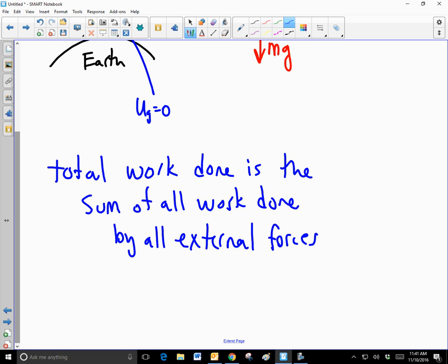So if a force is external to our system, then it does work. Our system consists of only the ball right now. So every force acting on that is external to our system.